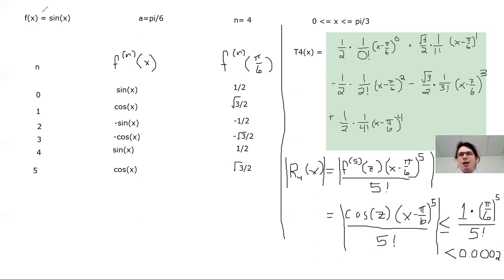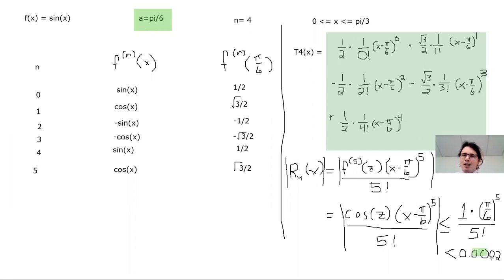I tell the machine I want a polynomial of degree 4 to approximate my function. I also have to tell it where to center the approximation, which does the job of saying, okay, where is this approximation going to be the best? This approximation will be dead on for the number pi over 6, and it will be pretty close for numbers close to pi over 6.